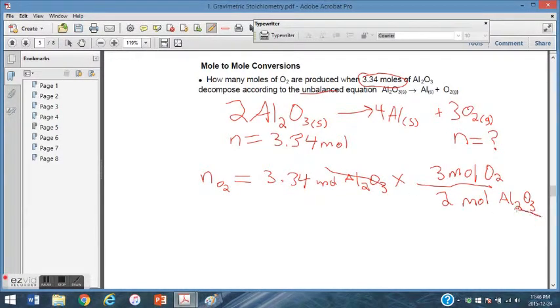Moles of Al2O3 cancel. I'm left with moles of oxygen. Now I just need to do the multiplication. And so I have 3.34, times 3, and I've got to divide everything by 2. Once I've done the multiplication, my number of moles of oxygen is going to equal 5.01 moles.